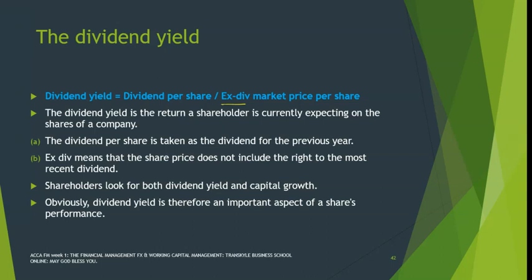The dividend yield is the return a shareholder is currently expecting on the shares of a company. The dividend per share is taken as the dividend for the previous year. Ex-dividend means that the share price does not include the right to the most recent dividend. Shareholders look for both dividend yield and capital growth.